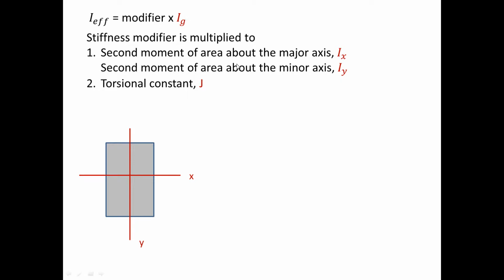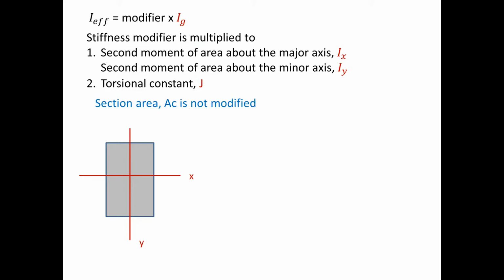For example, along the major axis you have the secant moment of area Ix, you have the secant moment of area about the minor axis Iy, and you also have a torsional constant J, and these stiffness modifiers are multiplied to these Ix, Iy, and J to get the effective section property.